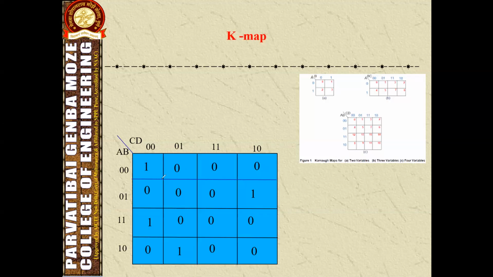Here we have filled every cell of the K-map. Now we have to start the operation of grouping.